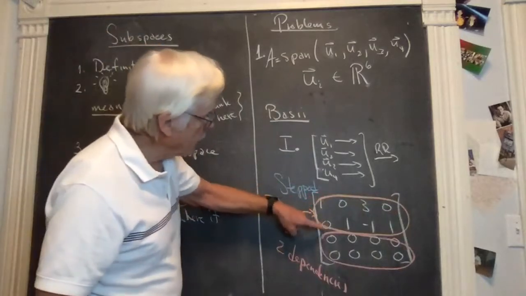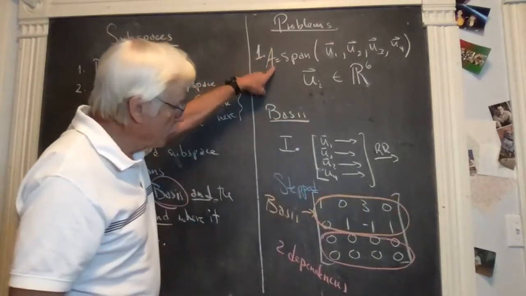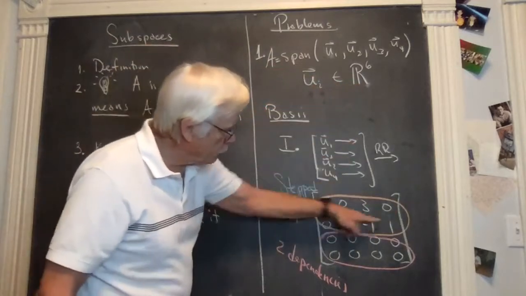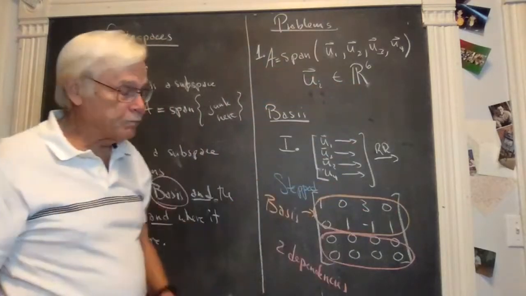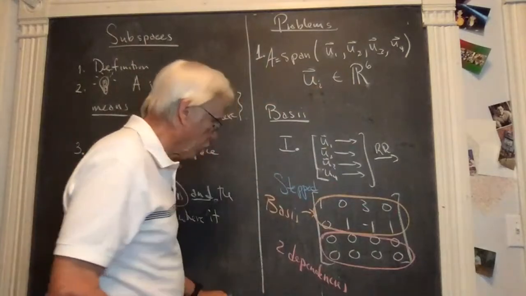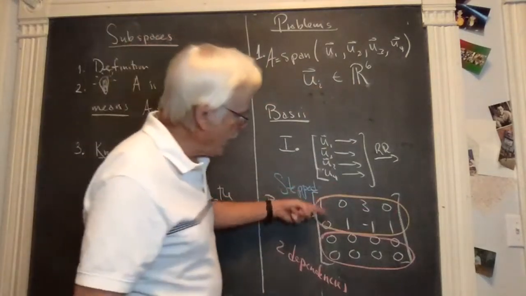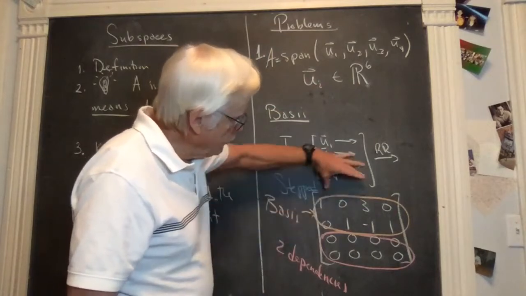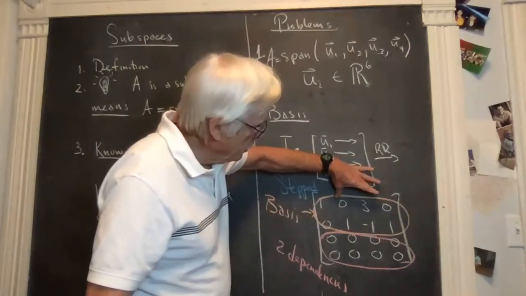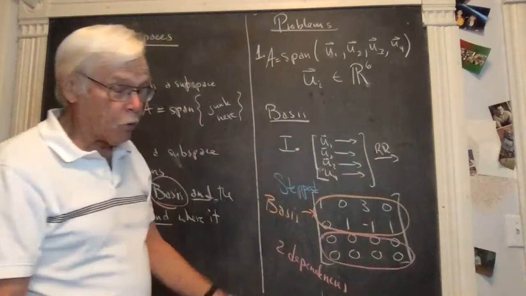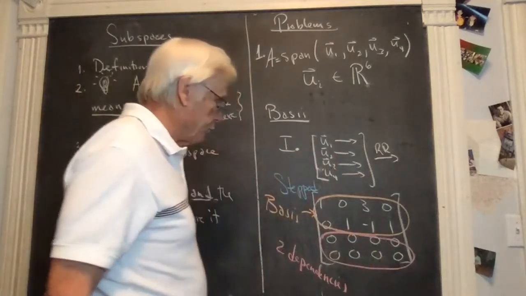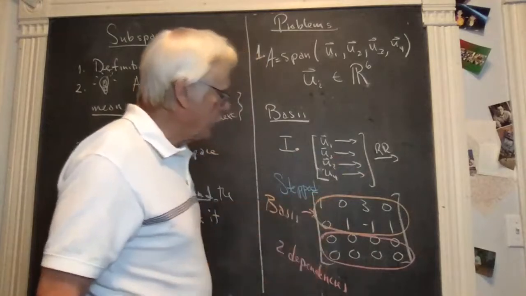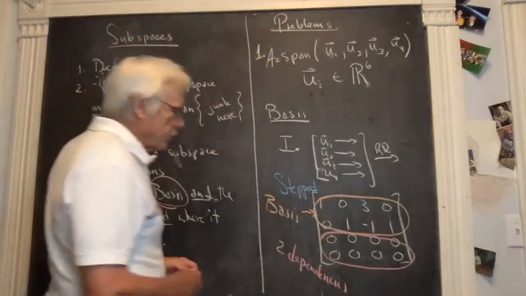So A is a two-dimensional subspace of R6, and these two vectors, written as rows, are a basis for it. Anytime you have a stepped collection of vectors, meaning that if you put these as rows of a matrix, except for order, they will be in reduced row echelon form. If you have a stepped basis, it's easy to see that these vectors are linearly independent. So that's method one.